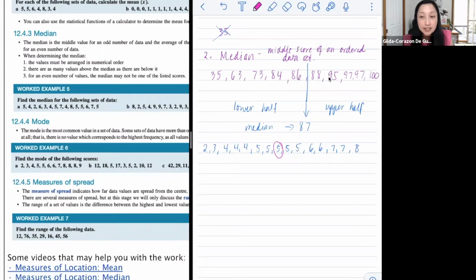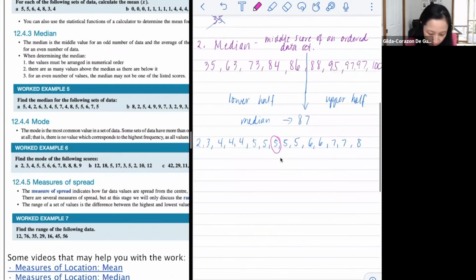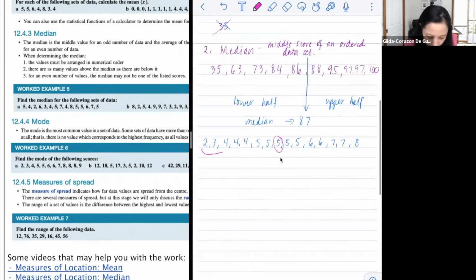If it's an even number data set, you get the median by averaging the two middles. But if it's an odd number data set, your median is actually one of the scores in the data. There's 7 scores here and 7 scores on the other side. Does that make sense? Therefore, this is our median.